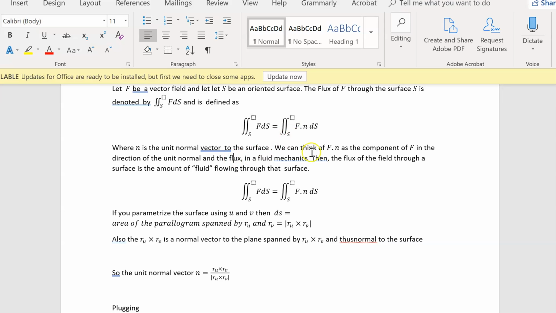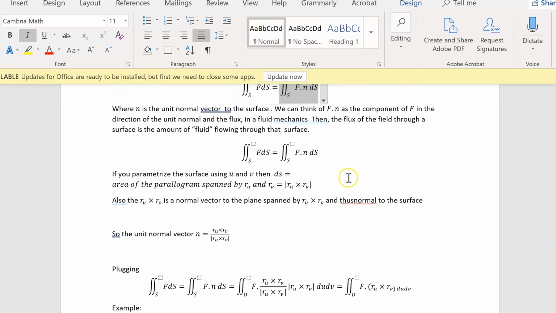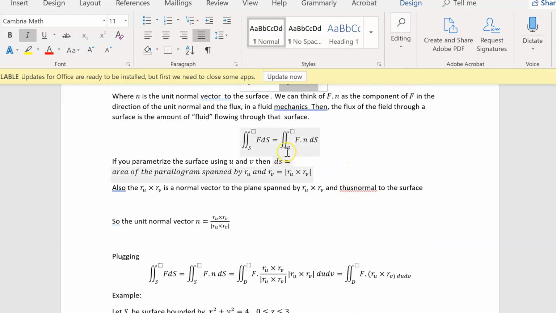And the flux is defined as the amount of fluid flowing through a surface. It's a measure of the amount of fluid which goes through a surface, and that is the physical meaning. I'm not going to explain it too much here, but we will learn how to calculate this. First of all, we need a good way of calculating it.